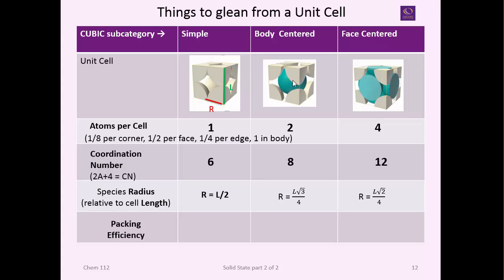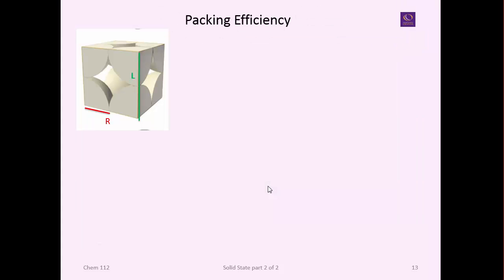And then last but not least is packing efficiency. Once again, I want to show you the proof for this. It's another nice little piece of mathematics. Packing efficiency is basically saying, of this unit cell, what percentage of it is atom versus open space. So here's the stuff we know. This is going to use a simple cubic cell to understand this.